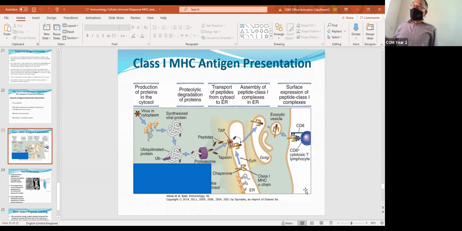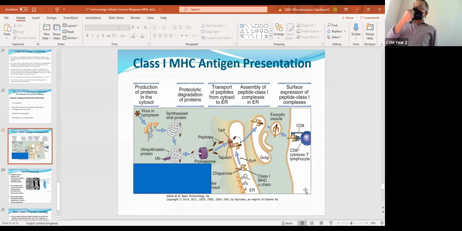But in doing that, it also prevents class 1 MHC expression on these infected cells. Now, natural killer cells need to see normal MHC class 1 on cells as a negative, don't-kill-me type reaction.